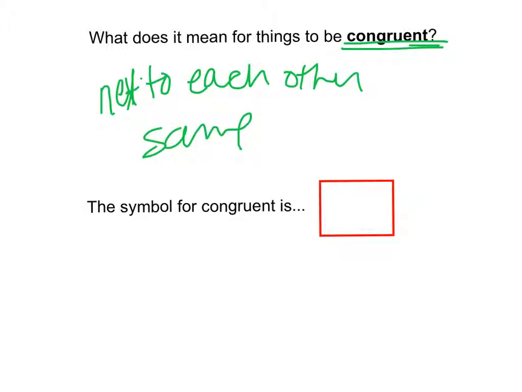And that's pretty much what it is. Congruent triangles are essentially the exact same triangles, just laid out differently. When we're denoting congruent in symbol form, it's an equal sign with a squiggle over the top. That's just good to know for the future when you get more into geometry.